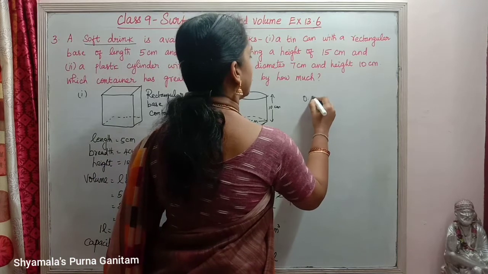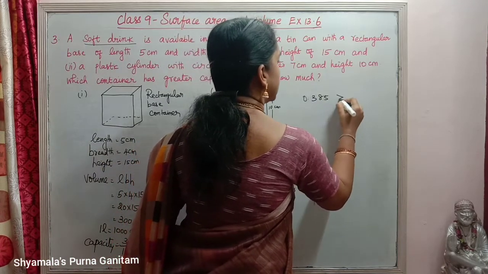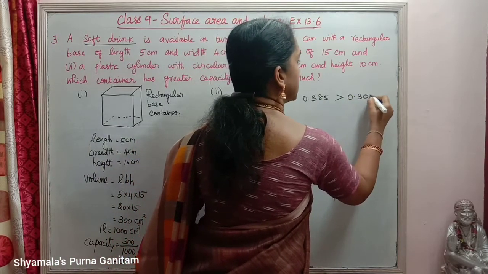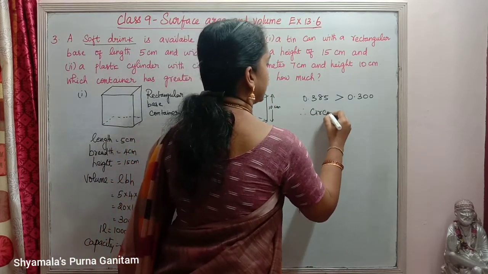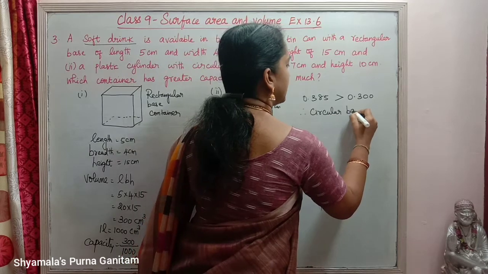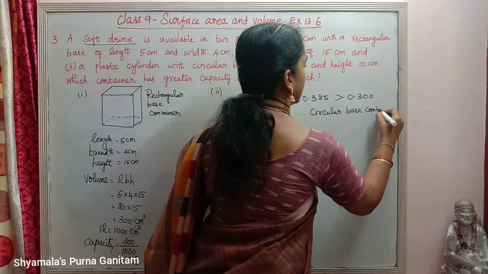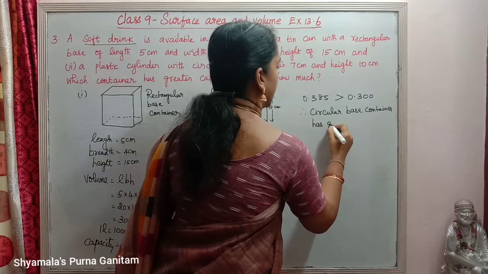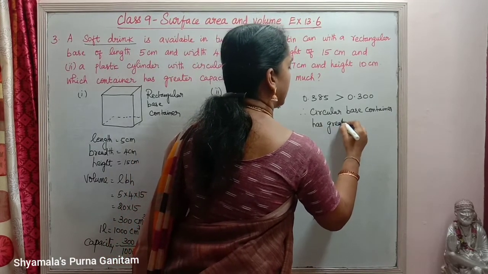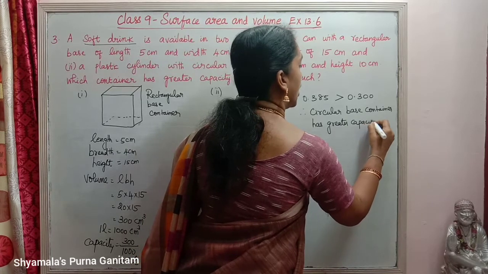0.385 is greater than 0.300. Therefore, the circular base container has greater capacity, and it was asked by how much.